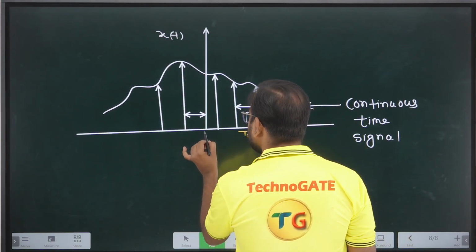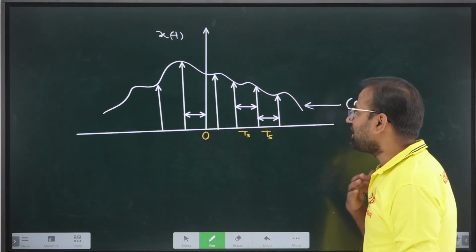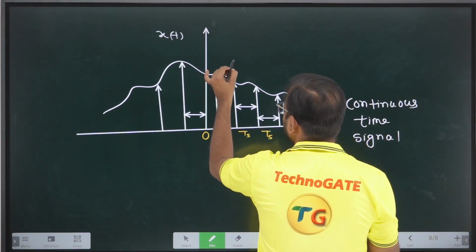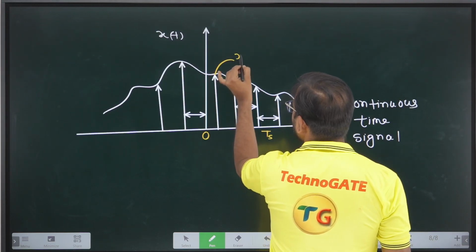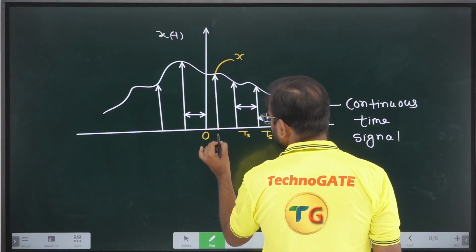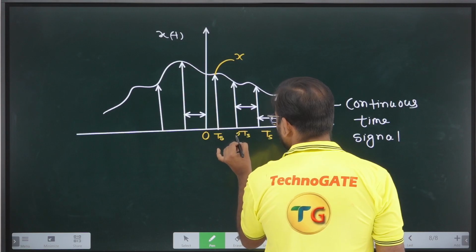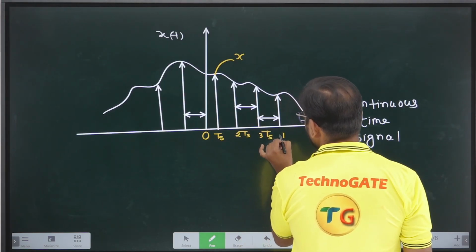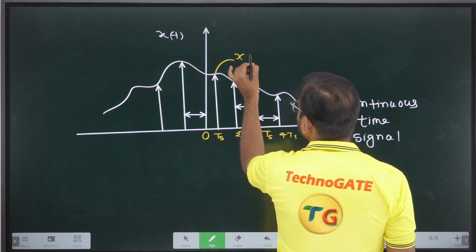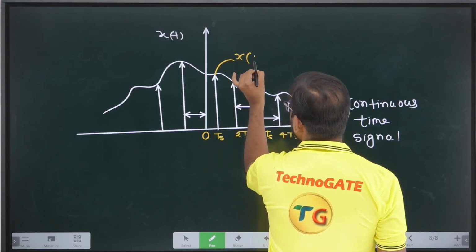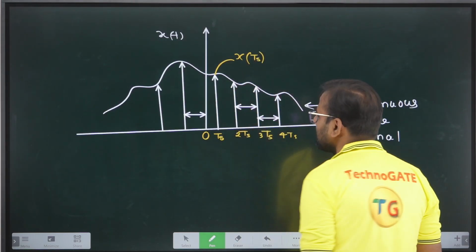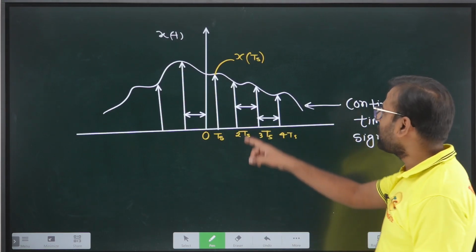So let's say this is 0. If this is 0, can I say this sample is x of Ts? This is 2Ts. This is 3Ts. This is 4Ts, and so on. This sample is defined only at Ts.